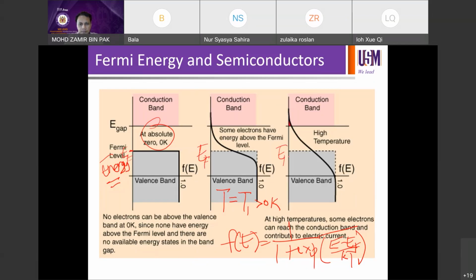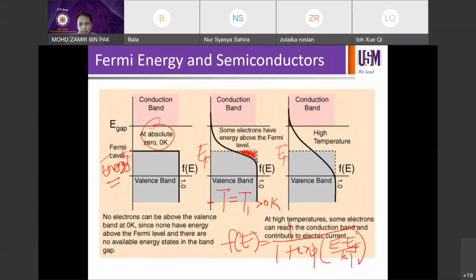In this second condition, you will see that some of the valence band electrons are thermally excited into the conduction band. Some of the states below EF are vacant, and the thermally excited electrons now move into the conduction band.